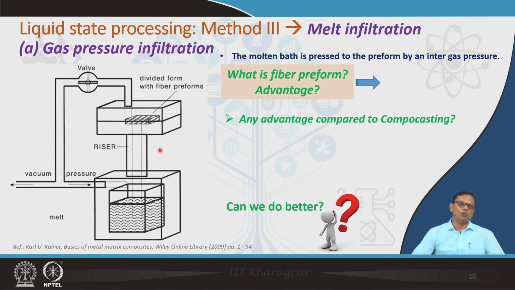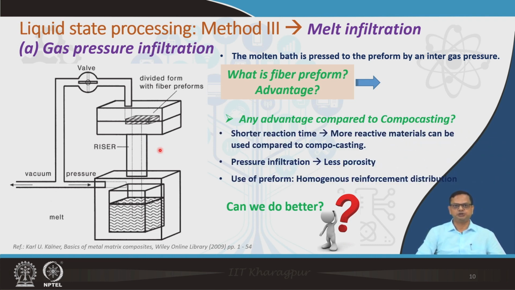So in this case, what are the advantages? Clearly the residence time is shorter, that means more reactive material can be used compared to compo casting, or in other words the chance of interfacial reaction would be less, okay. And you are applying argon gas pressure, that means the amount of porosity will be less, because the preform is infiltrated with a pressurized melt.